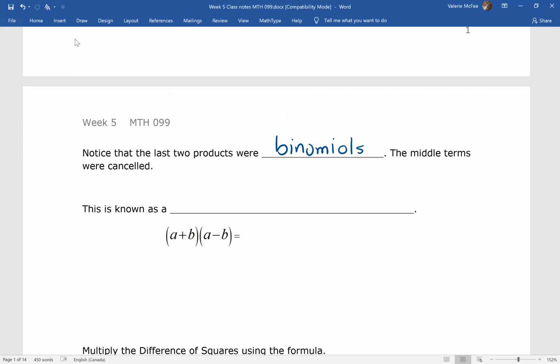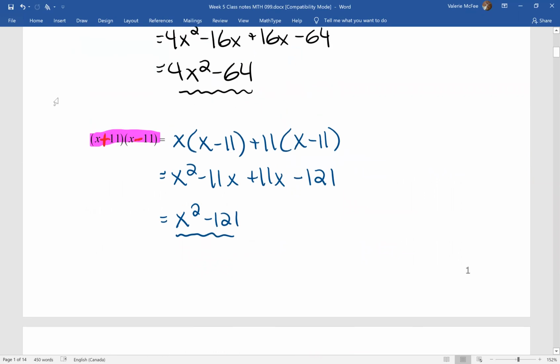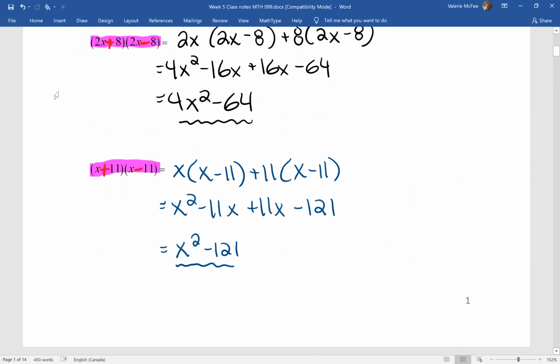This is known as a difference of squares. Let's go back a minute and look at those 2 binomials. A difference of squares.